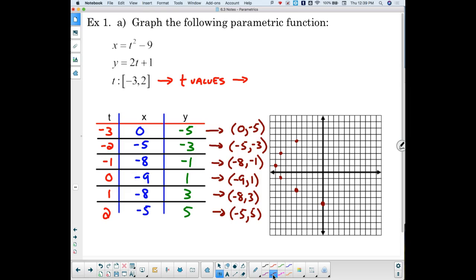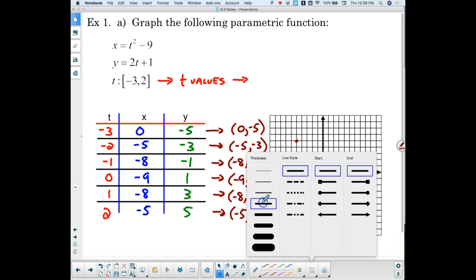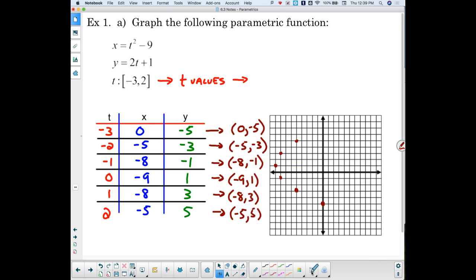Now I can connect those dots with a nice smooth curve. But notice, even as much as my pencil or my pen, or in this case my marker, wants to go past those points, I don't. My graph will stop on both ends.